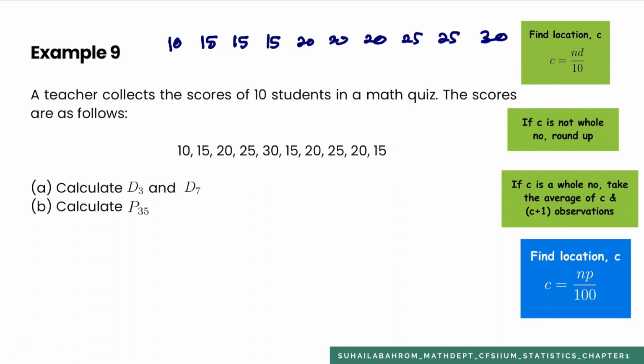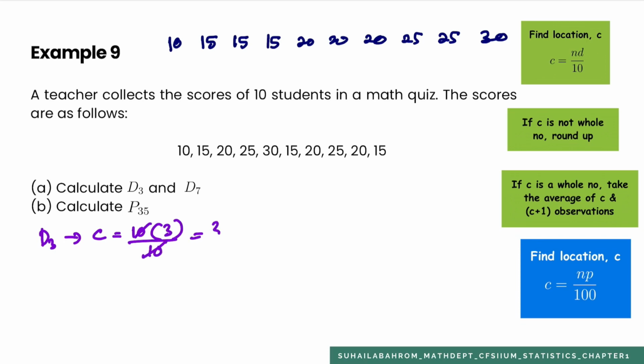It's taken from the previous example as well. So after you arrange your data in ascending order, we need to calculate D3. For you to calculate D3, you need to find out first the location of D3. So C is equivalent to the data set size, 10, times the decile 3, divided by 10.